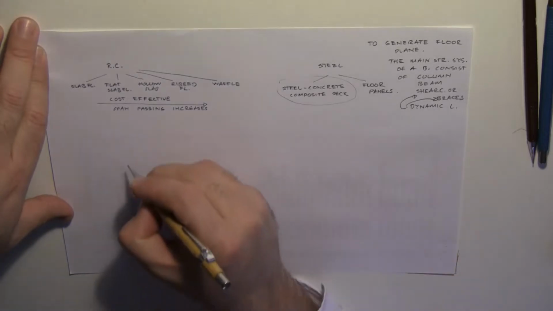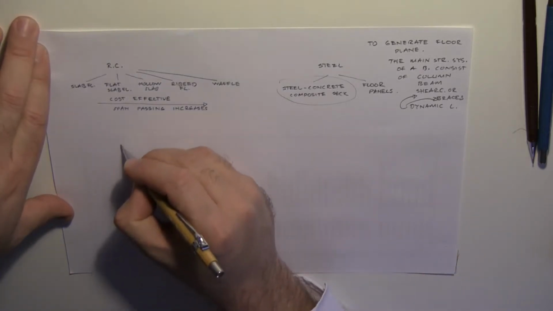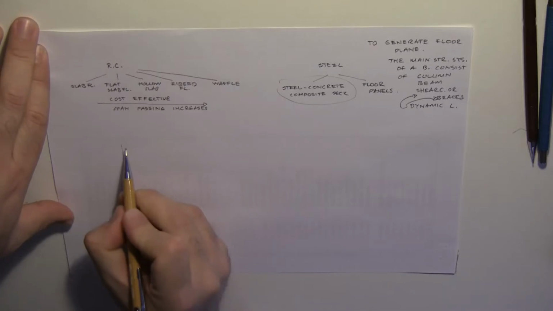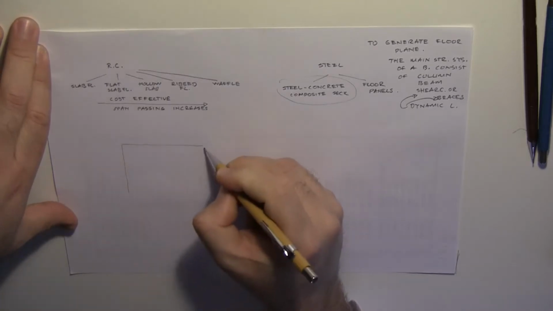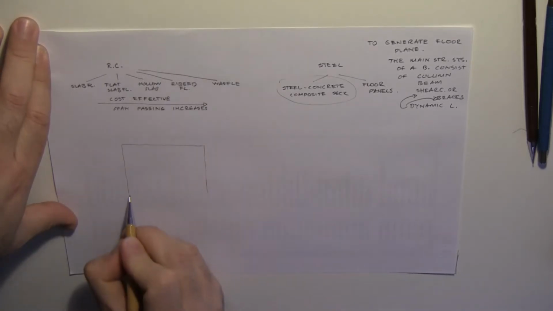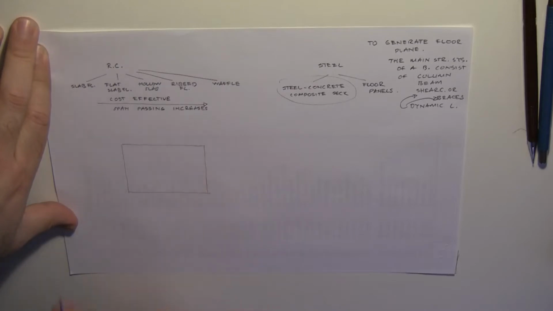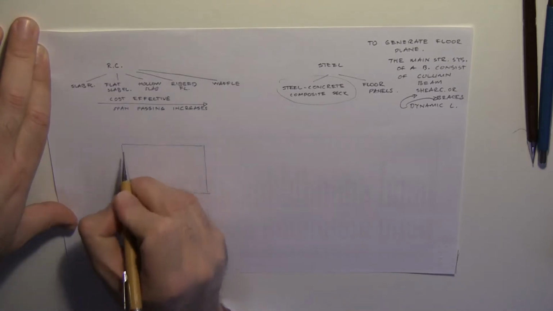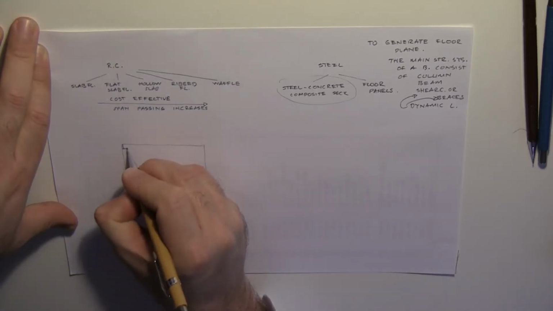From now on we are going to work on a rectangular shaped plan. It is a single floor plan which is supported with columns on the corners.